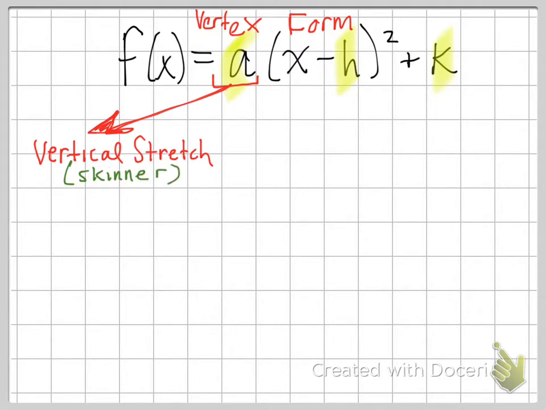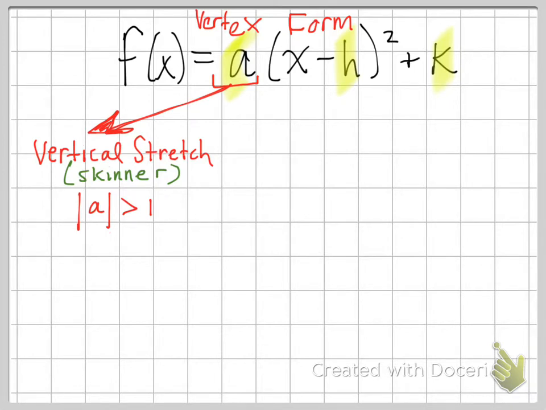And in order for the graph to get narrower or skinnier, the absolute value of a needs to be greater than 1. What I mean by the absolute value of a is that we could have 2 or 3 or 4. Those are all positive numbers greater than 1. But also -3, if I take the absolute value, I get 3. So a -3 is still going to make the graph skinnier because the absolute value of -3 is greater than 1.